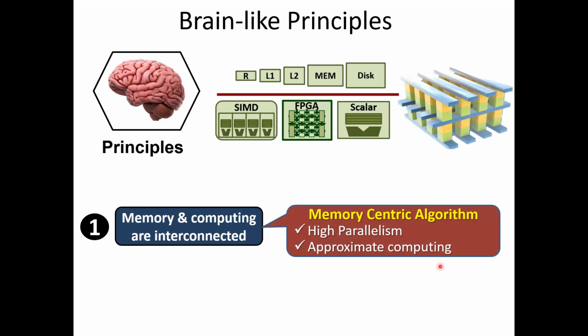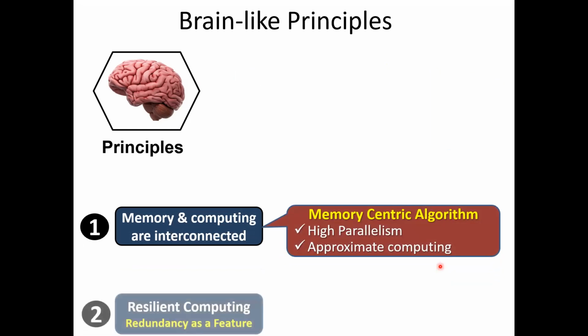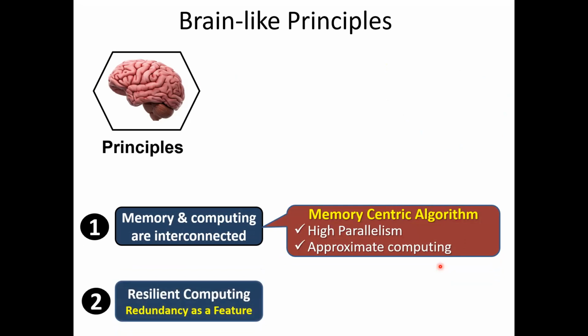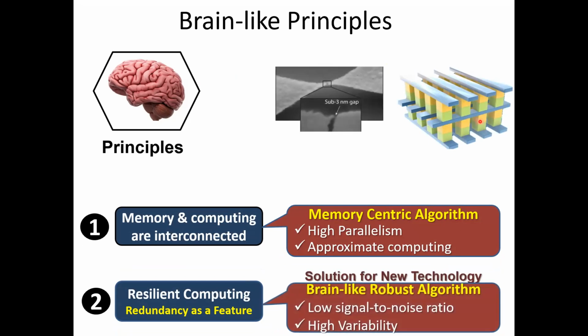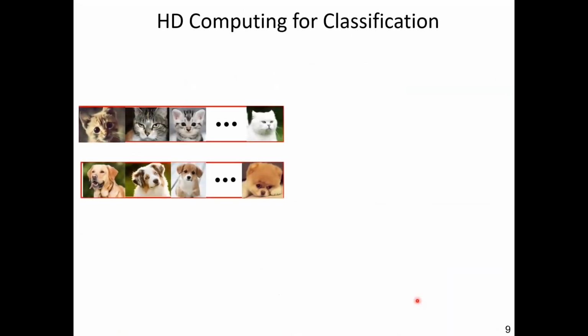That's the opposite of the way we have designed computers for a while. We try to keep memory and computation separated. Robustness is also very important because new technologies are becoming like neurons in our brain. They are pretty noisy, but the brain works well to perform learning tasks, while today's computers are not robust to such noise and failure. So we need algorithms like the brain that can provide that robustness.